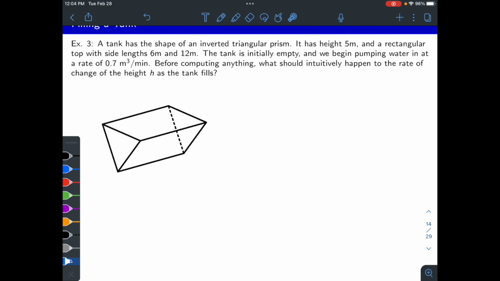All right, so this is our inverted triangular prism. You've got a triangle, and then you just kind of thicken it up a bit, and then you get a triangular prism, and it's upside down. It's inverted, right?